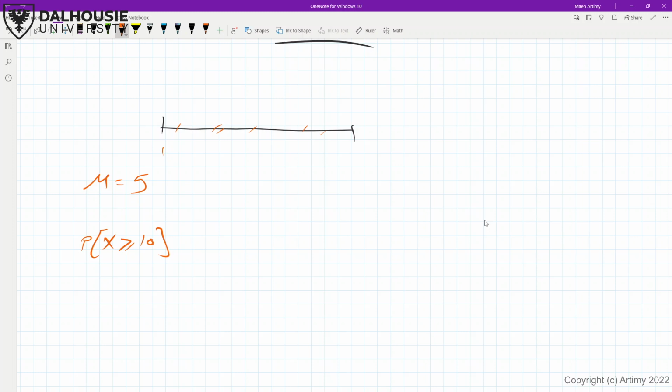The probability of having 0 arriving should also be small. The probability of having 4 arriving should be big because it's close to the average. So you should think of it this way, but we'll get to that later.